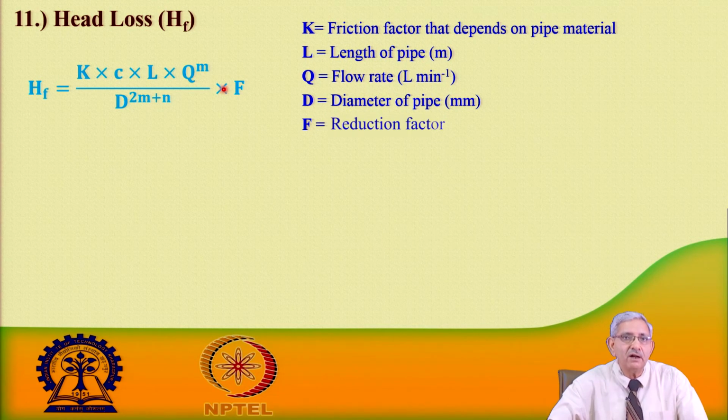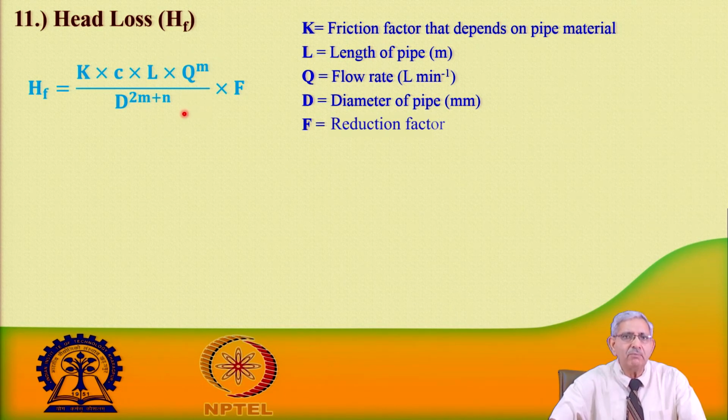So, this is a generalized equation by which head loss due to friction can be computed, where K is a unit constant, C is another constant to be used for a particular equation, L is the length of the lateral or pipeline, and Q is the discharge to be handled by the pipeline.